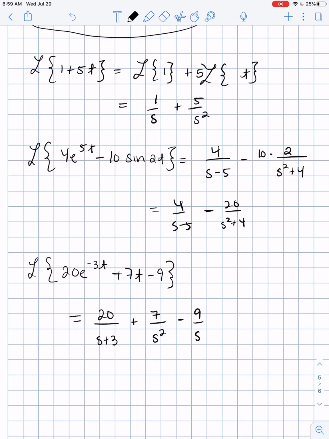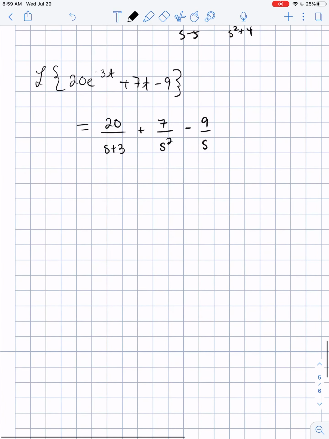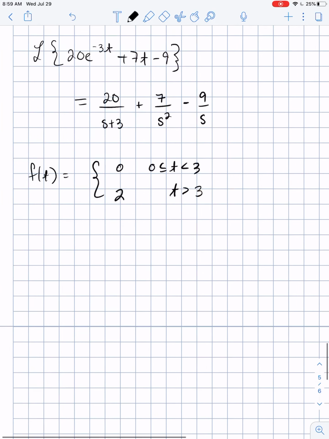Okay. The last thing I want to go over is if you had a piecewise function. Say f of t was equal to some type of piecewise setup here, which we'll see a little bit as we go along as well.